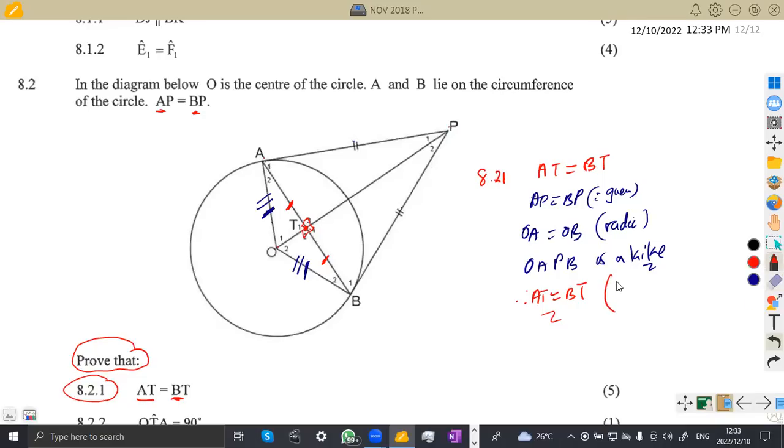The diagonal OP bisects the diagonal AB. So diagonal AB is bisected by OP. Guys, sorry for that, I just hope someone was following what I was trying to say here. Okay, so that's what we had.